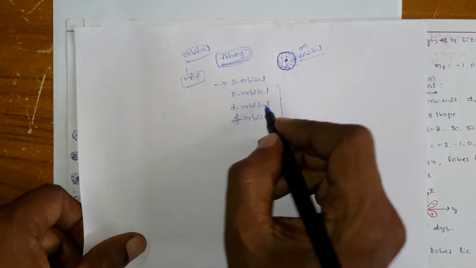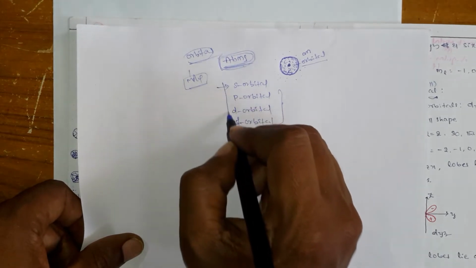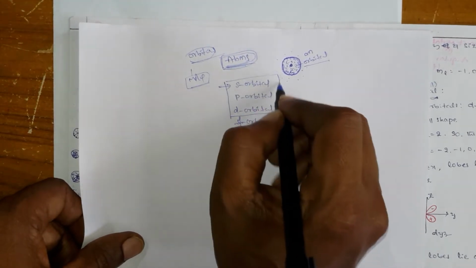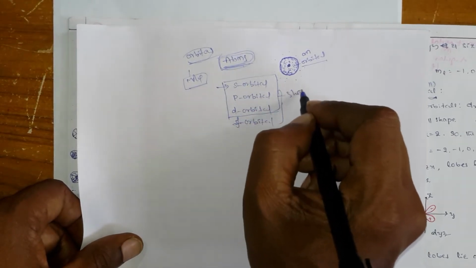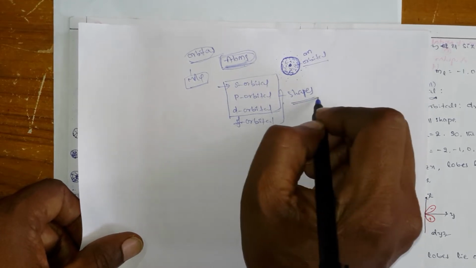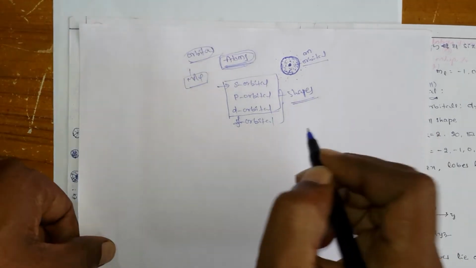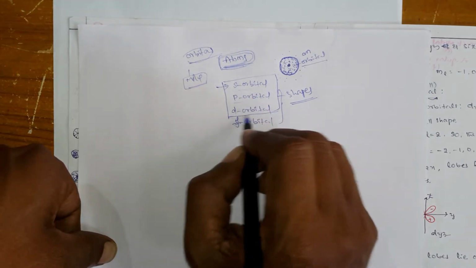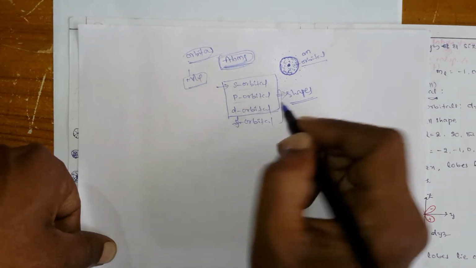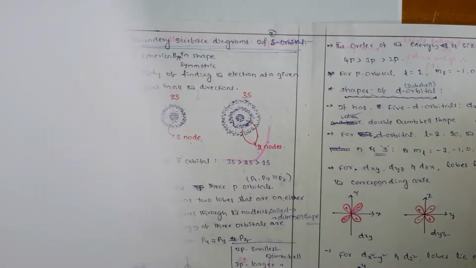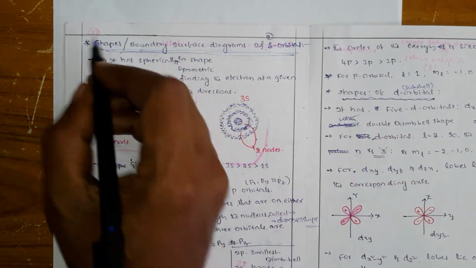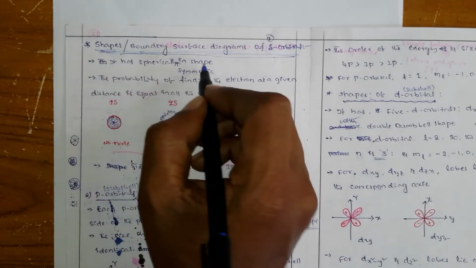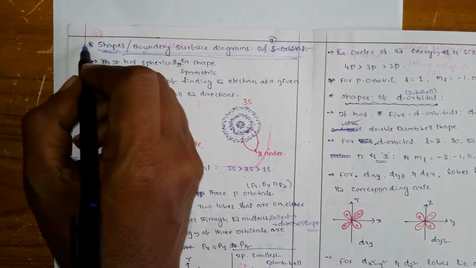But in this we are going to see only these three orbital shapes. At this level this is enough for you. At the intermediate level, the shapes of the s orbital, p orbital and d orbital are what we are going to read in this chapter.